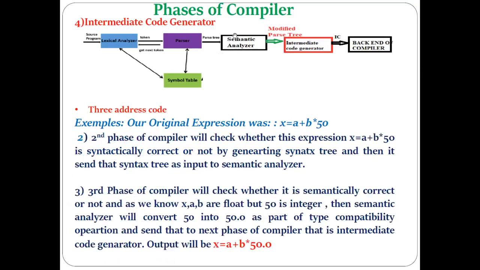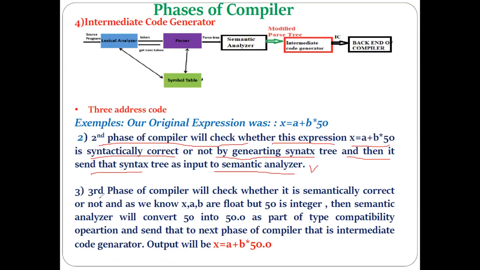In the syntax analyzer, the second phase of the compiler checks whether the expression x is equal to a plus b into 50 is syntactically correct or not by generating the syntax tree, and then sends that syntax tree as an input to the semantic analyzer, that is our third phase of the compiler.